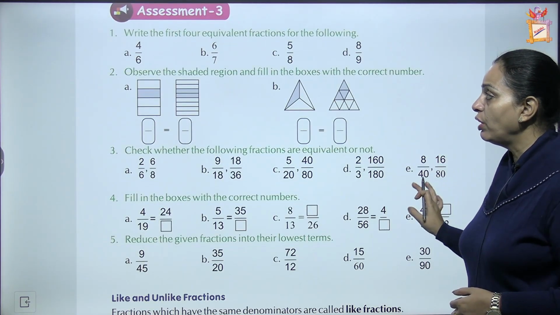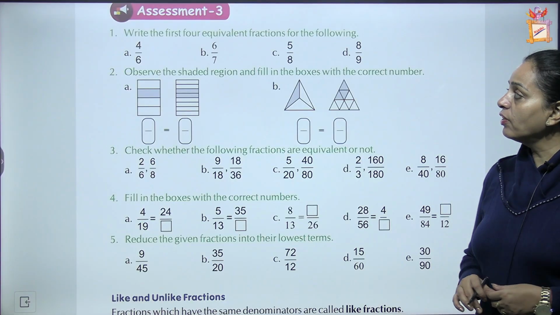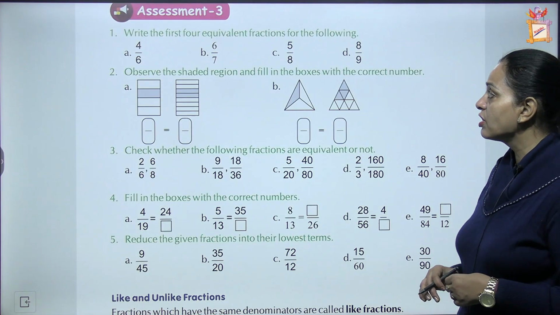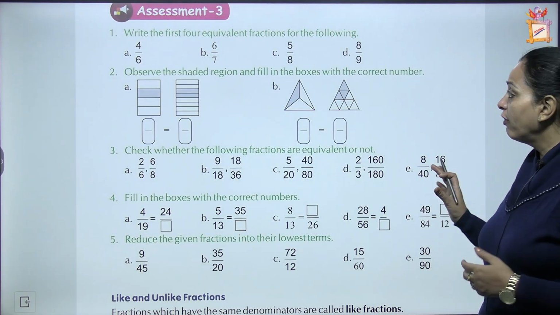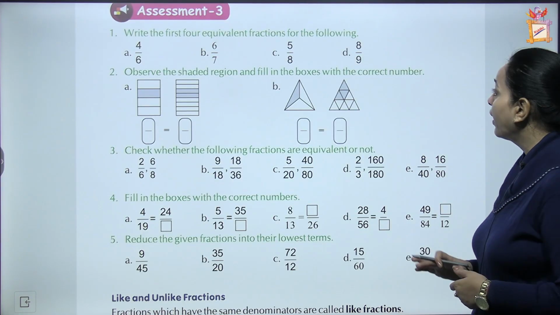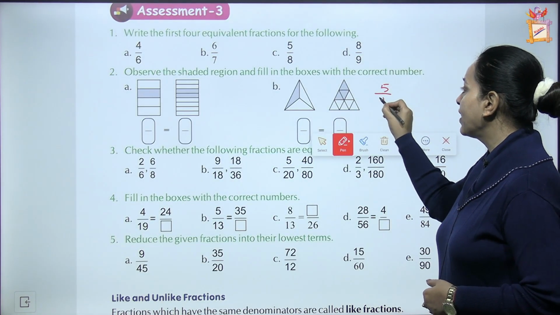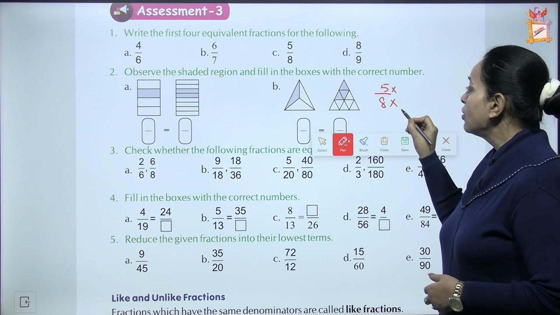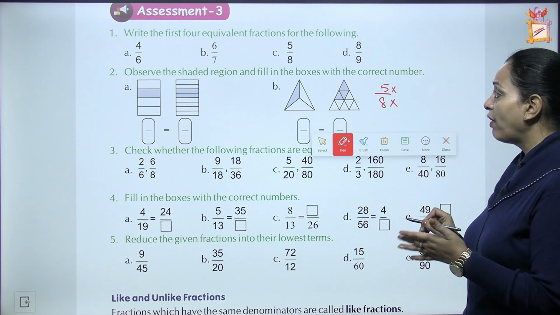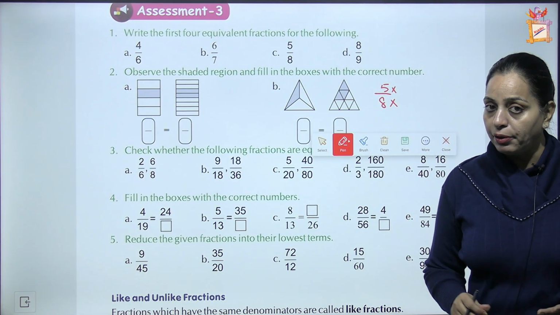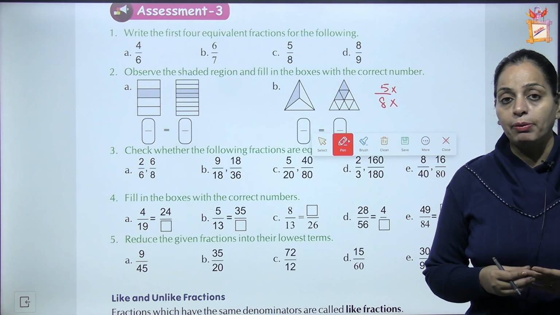Now assessment 3, the first one: write the first 4 equivalent fractions for the following. Here a fraction is given, and we have to find the first 4 equivalent fractions, like 5/8. My dear children, you can't divide 5/8 by any number, so we have to do multiplication.